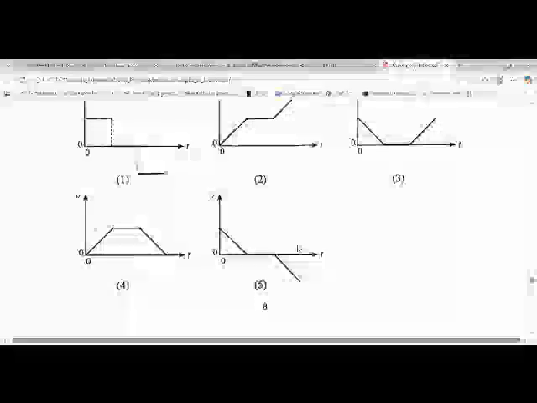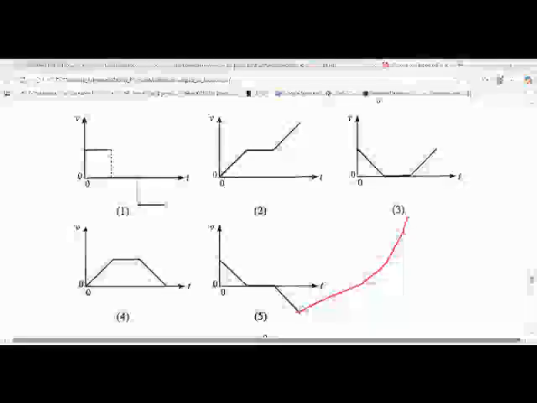You have to find the most suitable. The other graphs are wrong. The fourth one represents acceleration, uniform velocity, and deceleration. And the fifth one represents deceleration, stop, and change of direction. Sometimes you will be confused between the third and fifth, because the first and second parts are the same, but the third part is different.